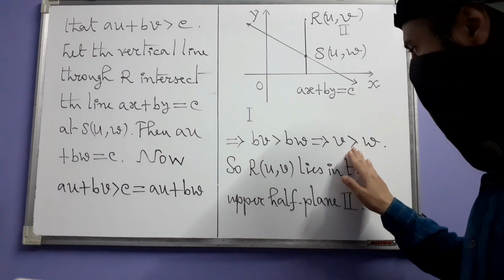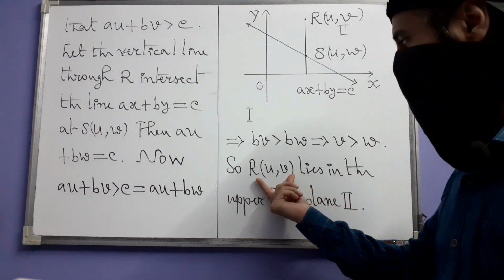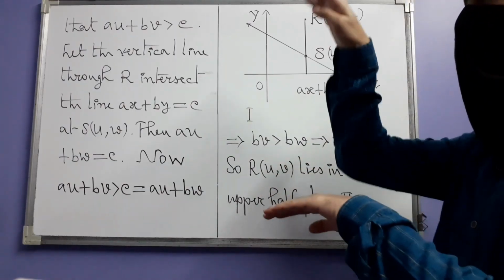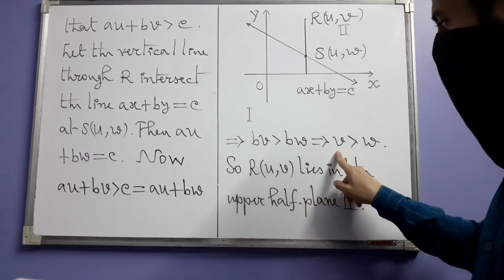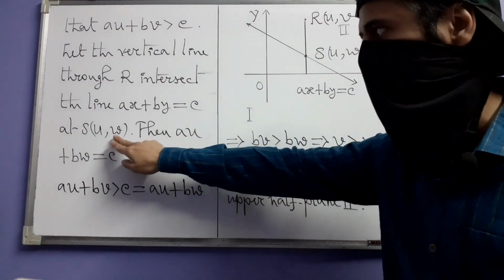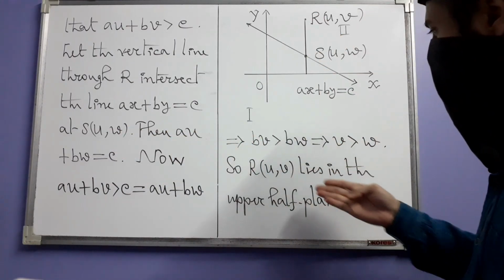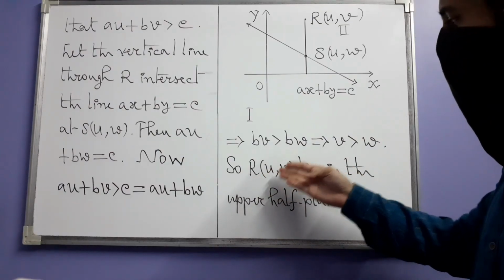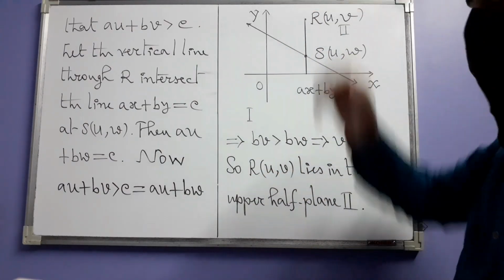What does this inequality mean geometrically? It means that the point R lies above the point S, because the y coordinate of R, which is v, is greater than the y coordinate of S, which is w. And now that tells us that the point R (u, v) lies in the upper half plane too. Why?